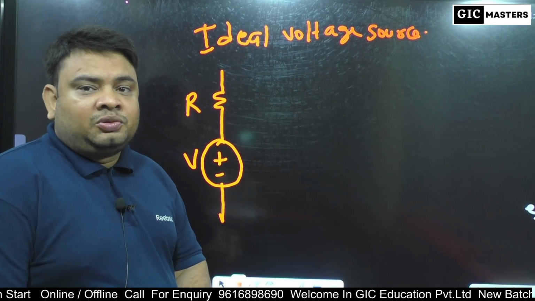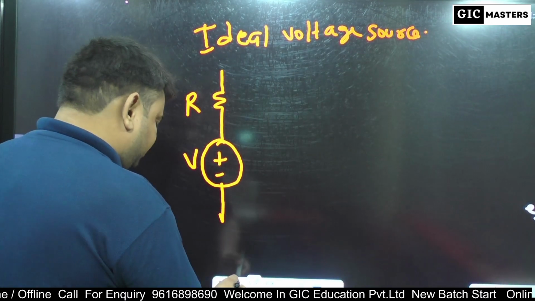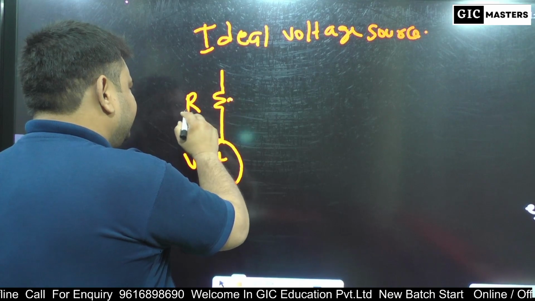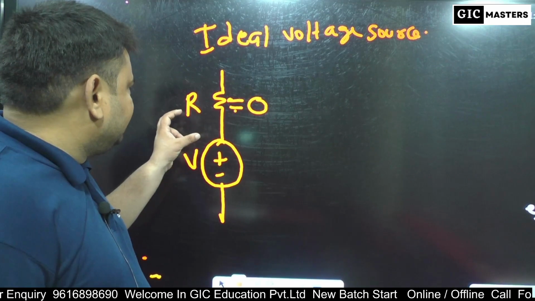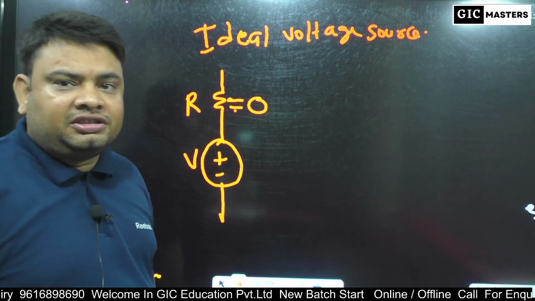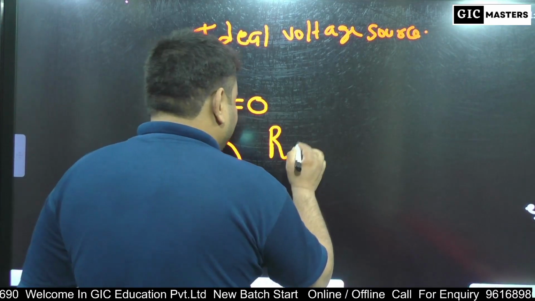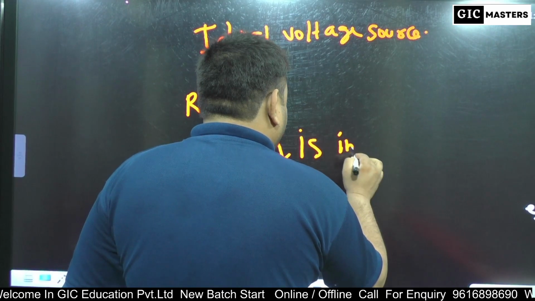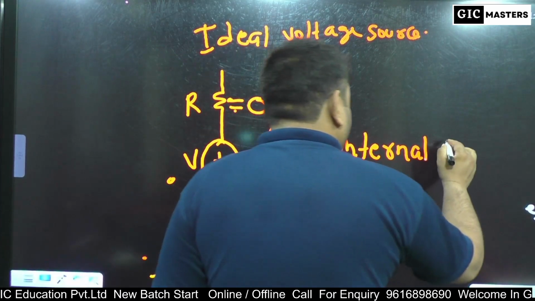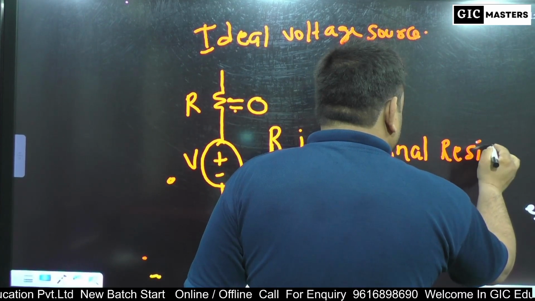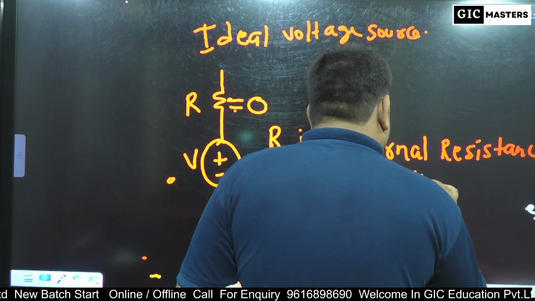When the source is ideal, then this R equals 0. This R is the internal resistance of this voltage source.